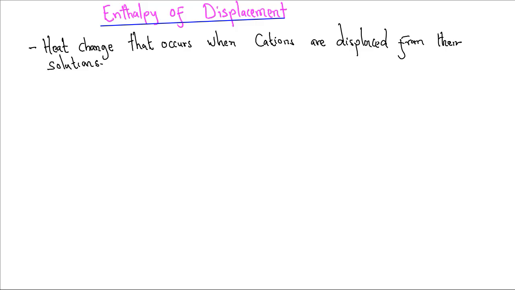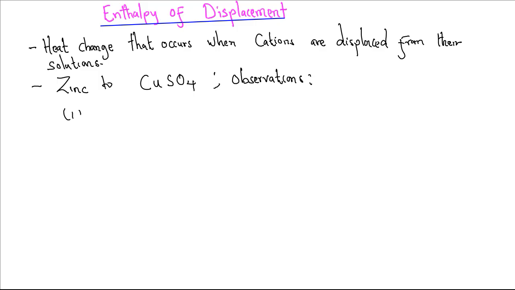So now, when we have addition of zinc powder to copper 2 sulfate solution, then we expect the following observations. Number one, a brown solid is deposited, and that brown solid is copper.